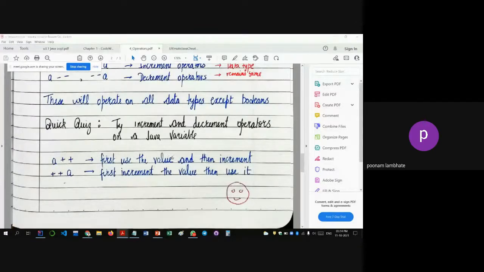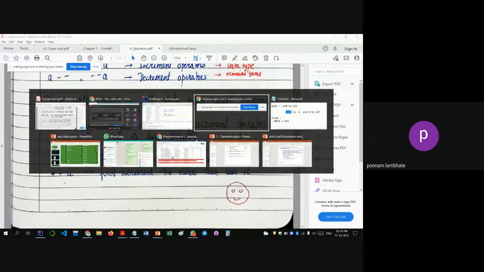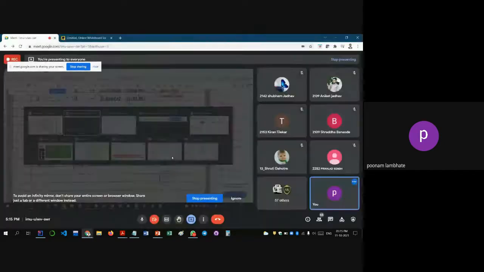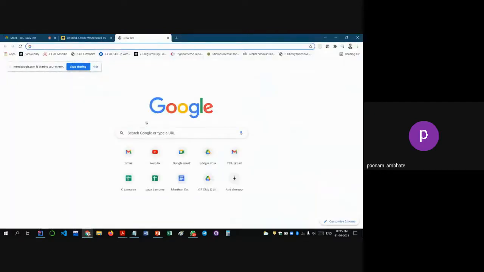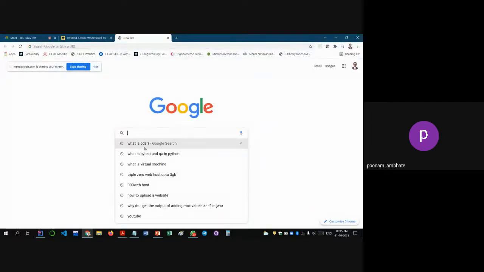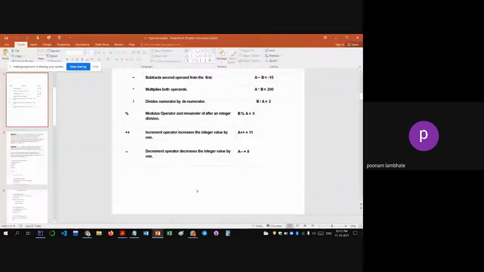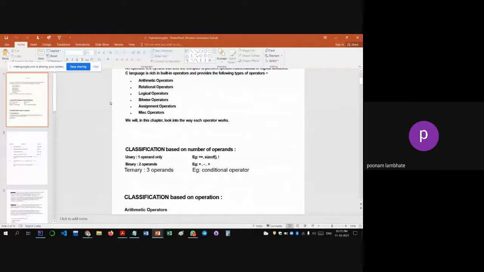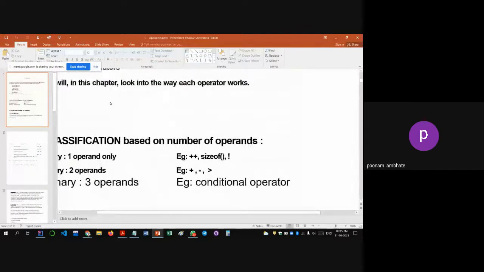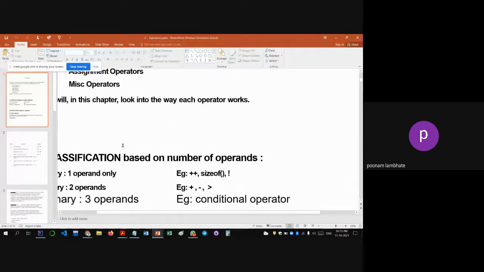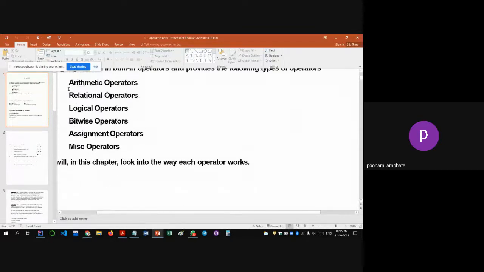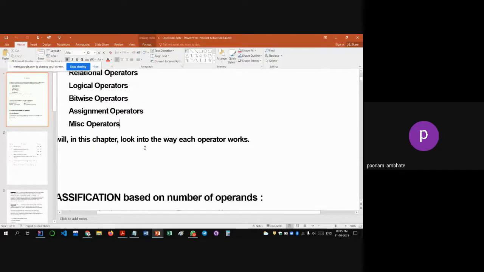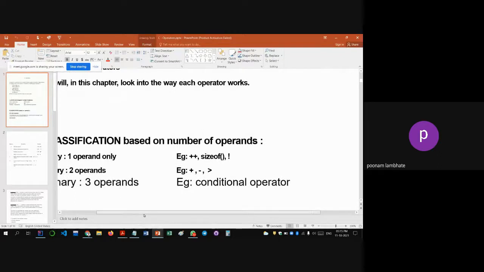Now in arithmetic operators, I'll show you the examples over here. Operators can be classified as arithmetic, bitwise, logical, relational. You might have seen this in Python. They're also classified based on the number of operands.